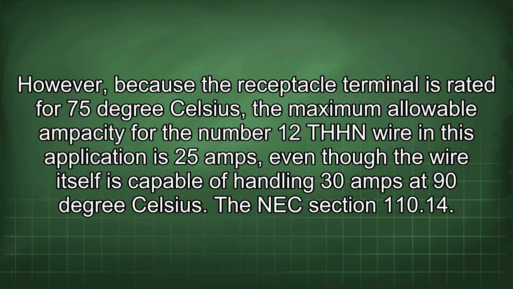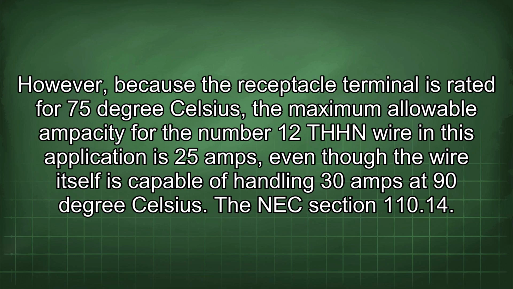However, because the receptacle terminal is rated for 75°C, the maximum allowable ampacity for the number 12 THHN wire in this application is 25 amps, even though the wire itself is capable of handling 30 amps at 90°C.